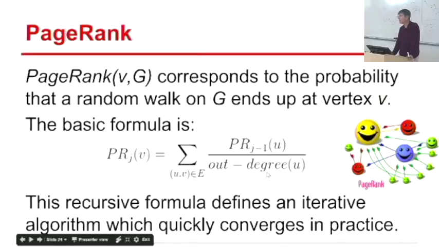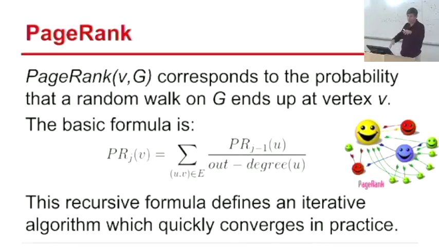Now let's think what that means. If U has a high PageRank, it gives V a high PageRank. Does everybody kind of see that? Now, if U has a lot of children, it's going to be giving that high PageRank to a lot of other vertices.